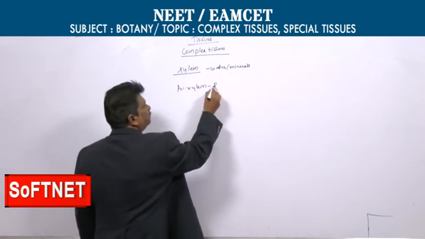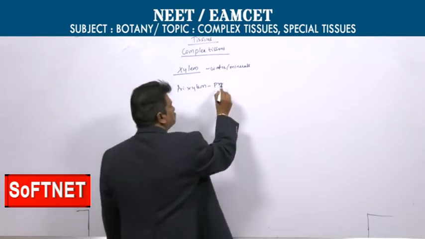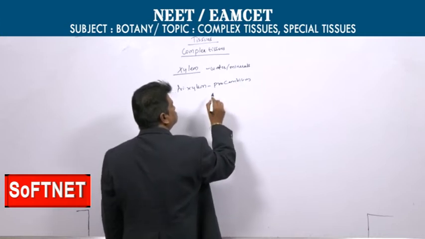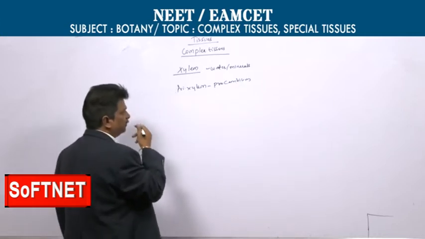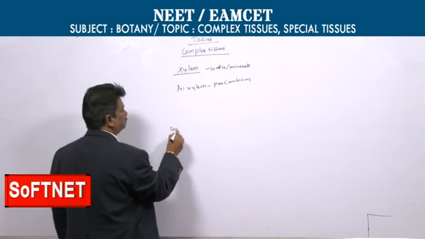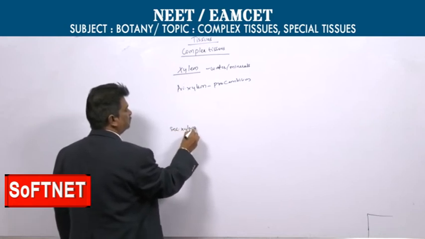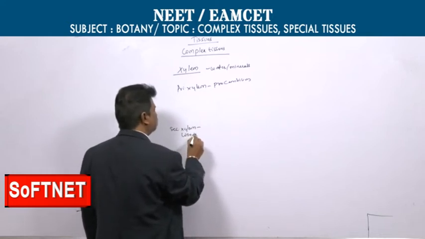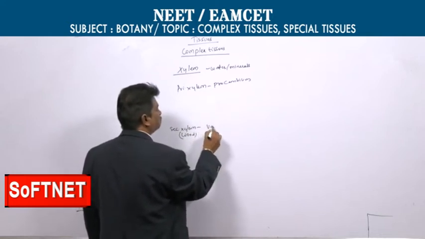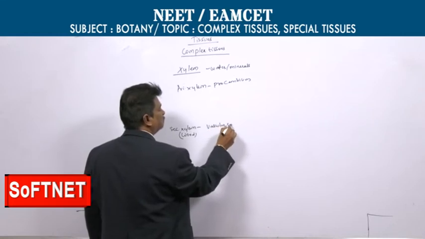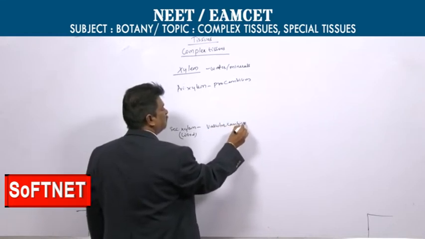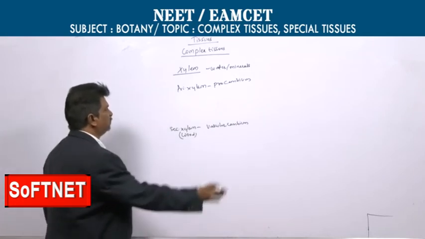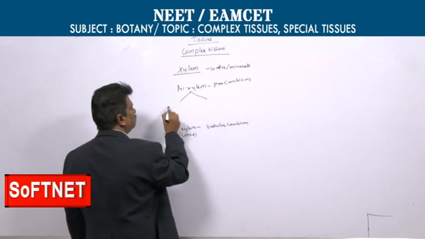This primary xylem, present from the starting stage, helps in the formation of primary parts, and primary xylem is developed from procambium. The next one, secondary xylem, also called wood. The secondary xylem is developed from vascular cambium.